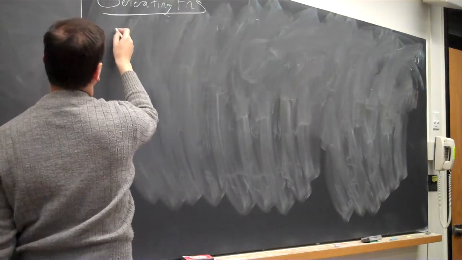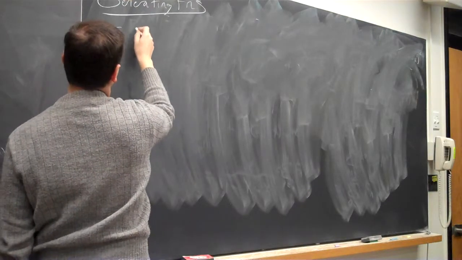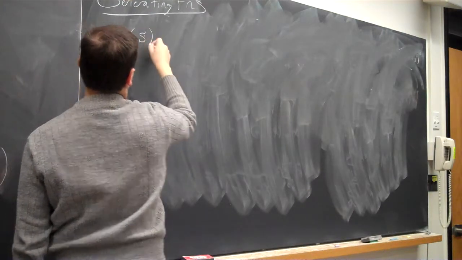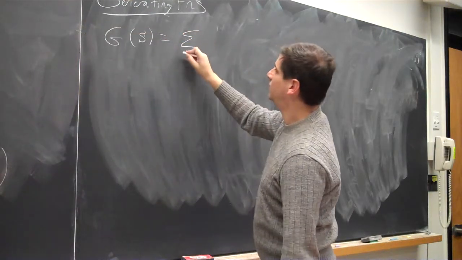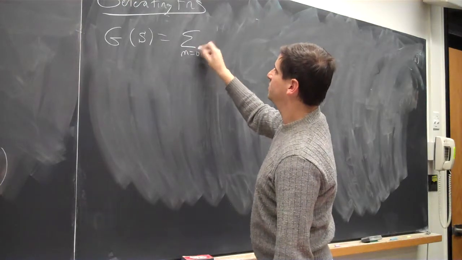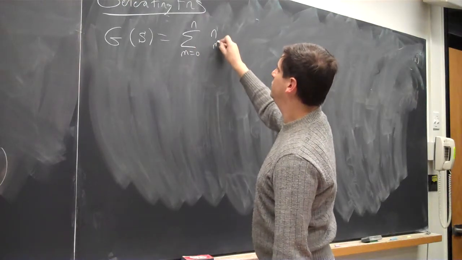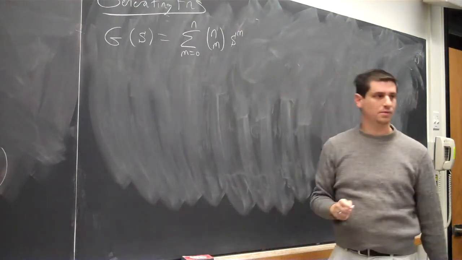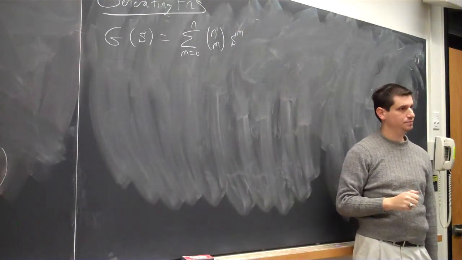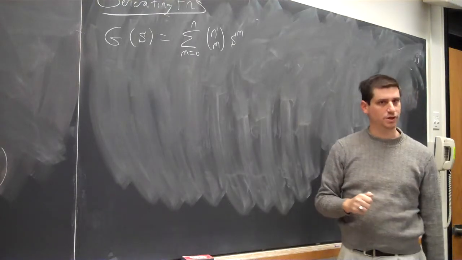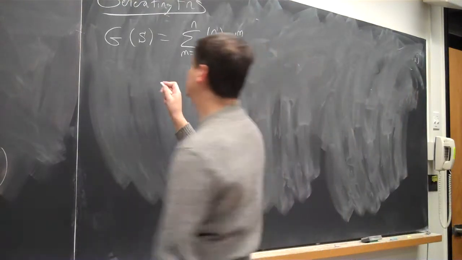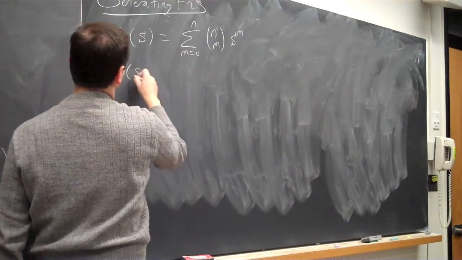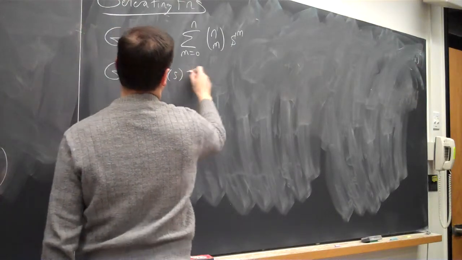So let g of s be the sum, m goes from 0 to n, of n choose m, s to the m. Okay? And now what I can do is look at g of s times g of s.